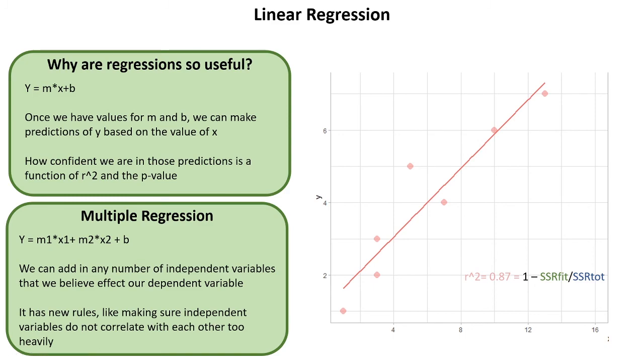One in particular you want to know is that you want to make sure that your independent variables don't correlate too heavily with each other, don't depend too heavily on each other, or else it makes this very meaningless in terms of the things that it outputs. That I think is the main consideration that you want to keep in mind. You just don't want the independent variables to correlate too much with each other.